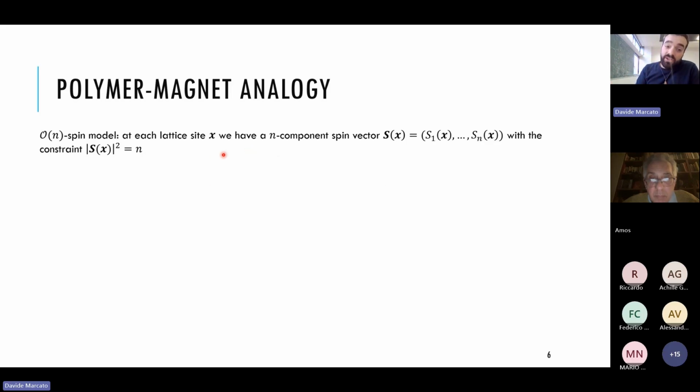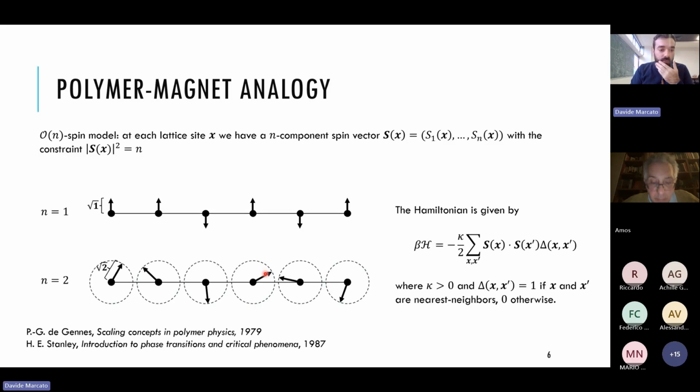And on each lattice site, x, there is a spin vector, S, and this vector has n components, small n components. And there is a constraint: the square modulus of the spin must be equal to n, the number of components. So for example, these are examples on a one-dimensional lattice.